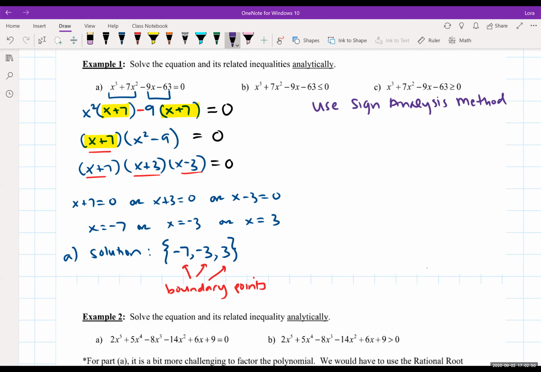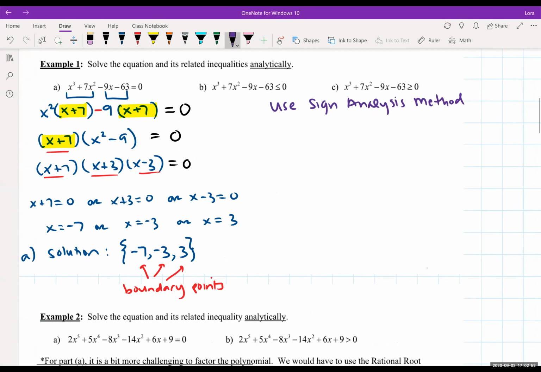And the good news, by solving part A, we already have our number line kind of broken up already. So I'm going to start with that. Just drawing a nice horizontal line. And I will graph my boundary points in relation to each other. So I do see I have negative 7 will be on the far left, negative 3 somewhere in between, and then positive 3. They don't have to be to scale.